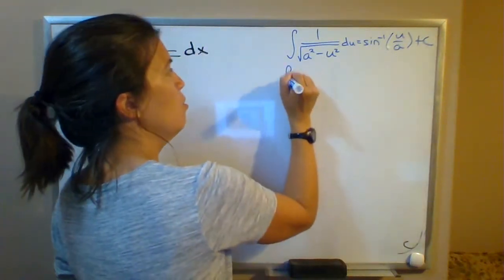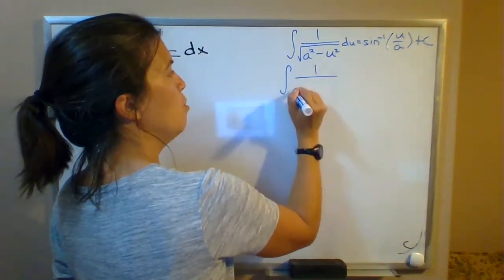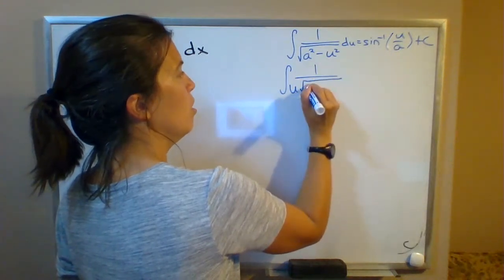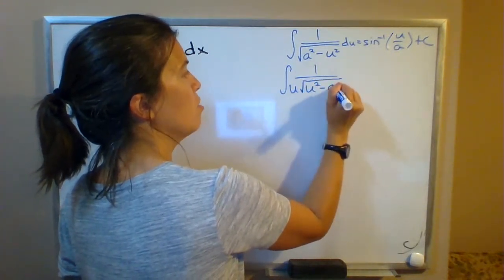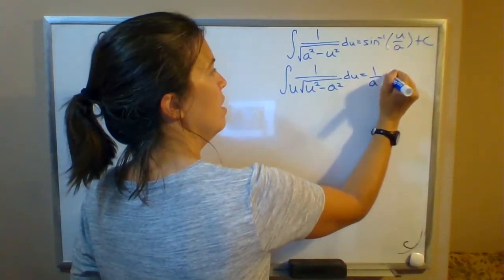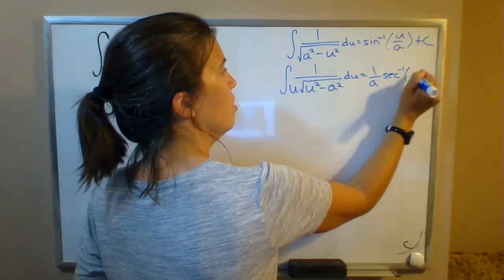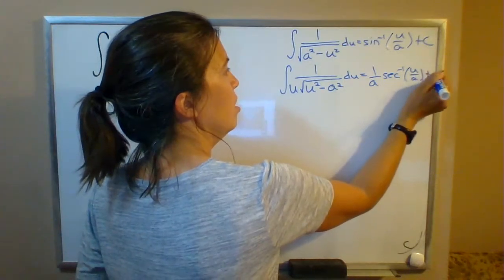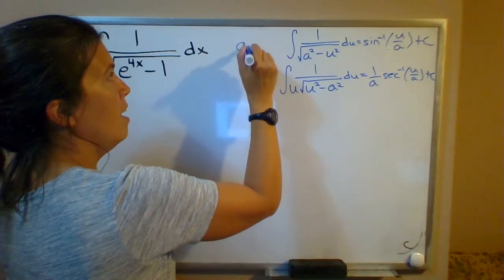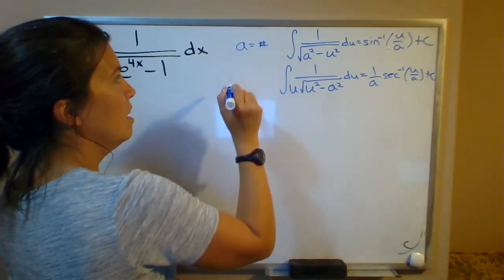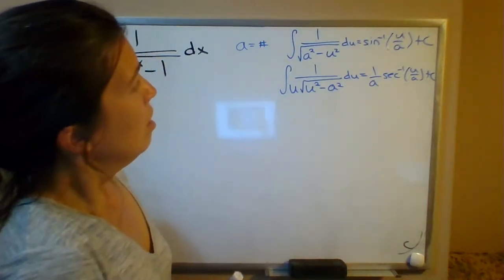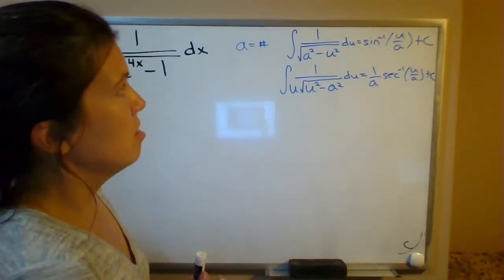And another one says integrals of the form 1 over u times the square root of u squared minus a squared du is equal to 1 over a inverse secant of u over a plus c. In both of these formulas, a is some number and u is some differentiable expression of x. But a is the constant.